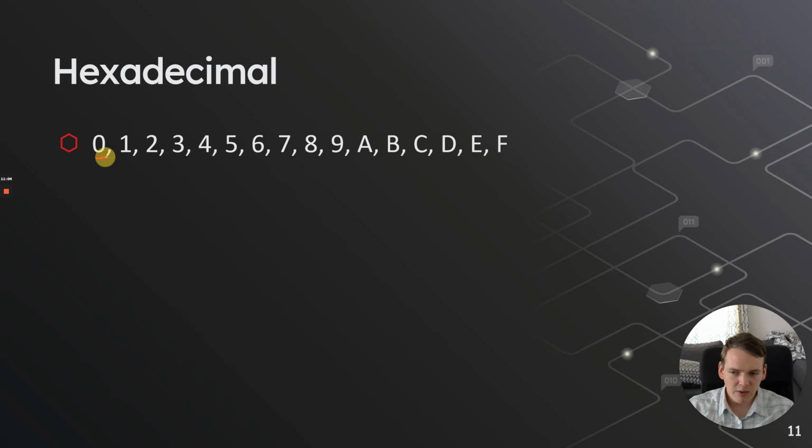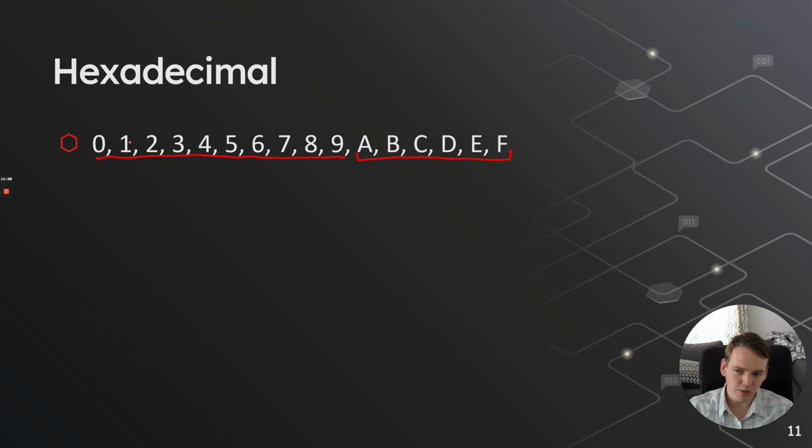In base 10, we only have 10 symbols. So in math, we're used to working with these 10 symbols for numbers, 0 through 9. But if you're going to hexadecimal base 16, you need 5 extra, or technically 6 extra symbols, right? So what do we do? We just add these capital letters.